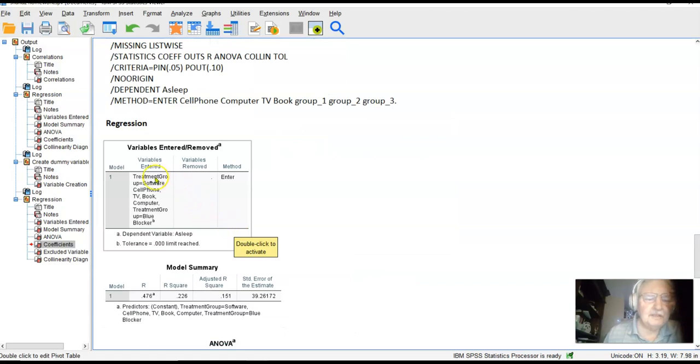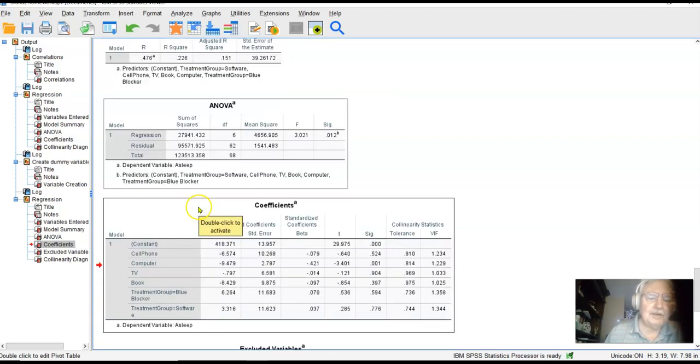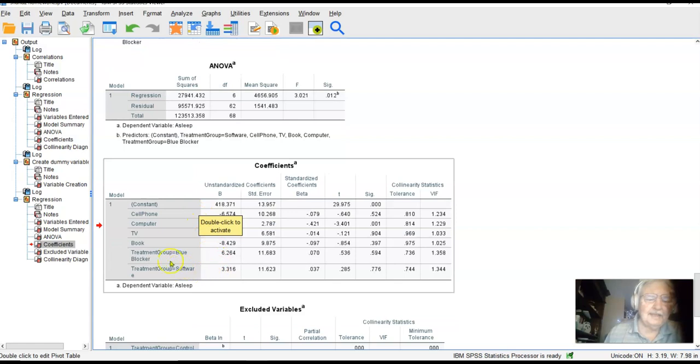It doesn't really tell you what it's doing, but when you're doing your formula to add up everything, if the group was a blue blocker, it would give it a 1, and then you would add this coefficient times 1 to your formula. So you'd add 6 minutes. So the blue blockers give you an extra 6 minutes.